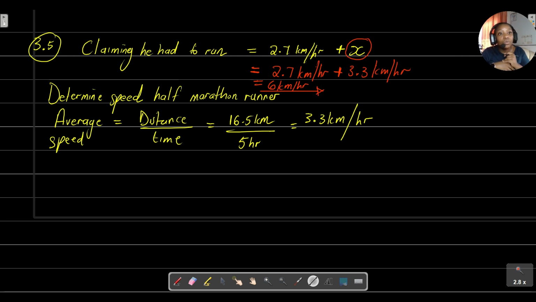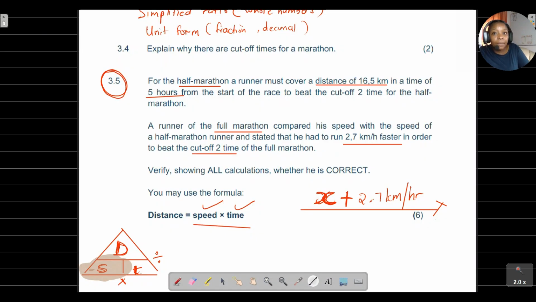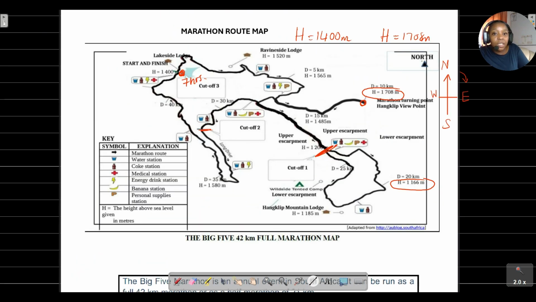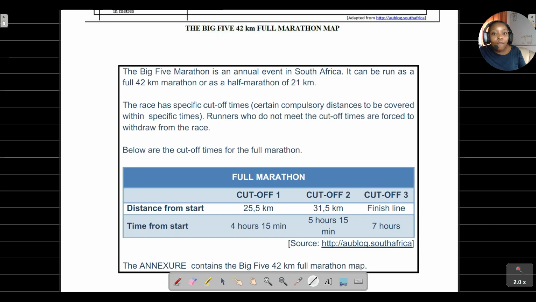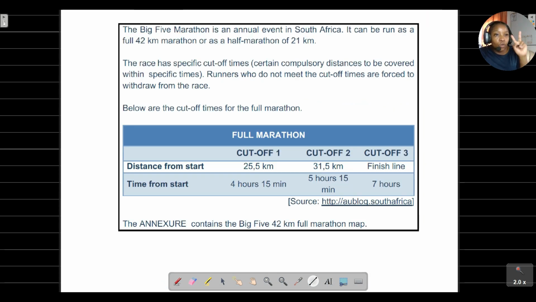So what do we need to do now? We need to check if he did in fact run 6 kilometers per hour. What are we going to use to help us determine that? We're going to use the full marathon cut-off 2 information, because this is the time that he needs to beat at this distance to not be cut off.